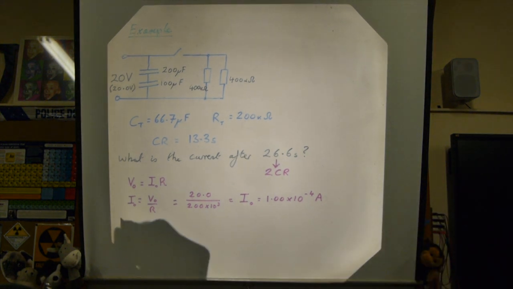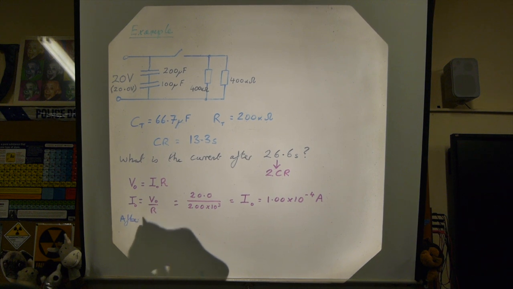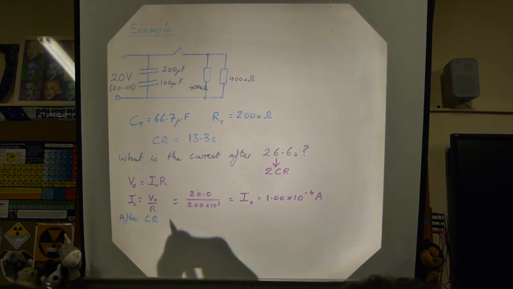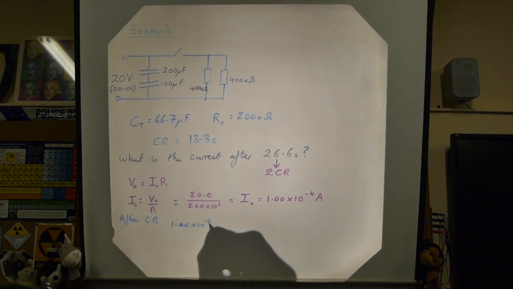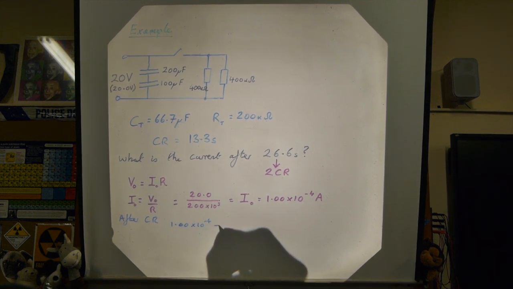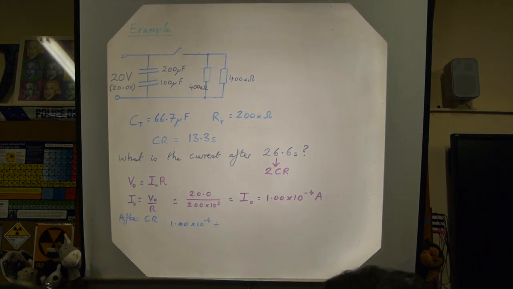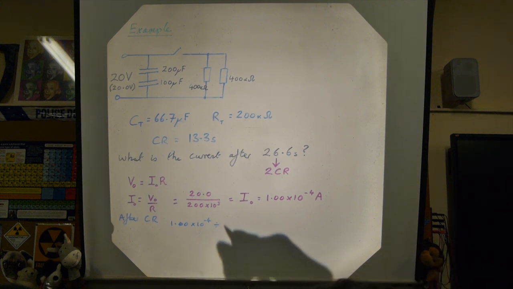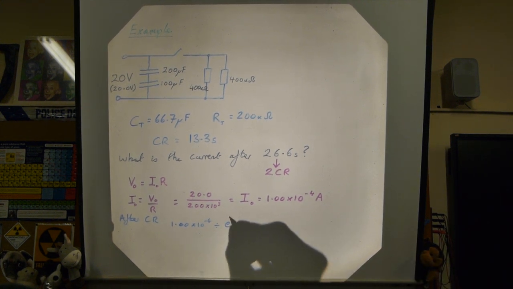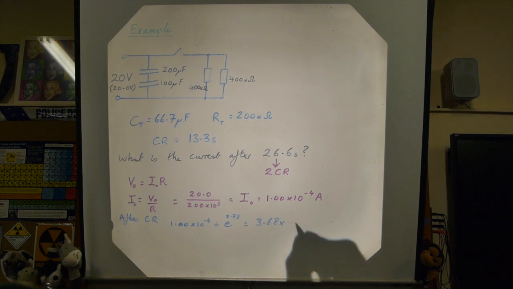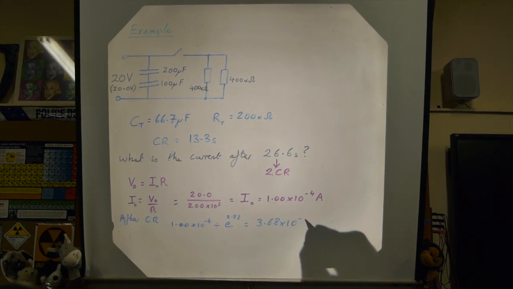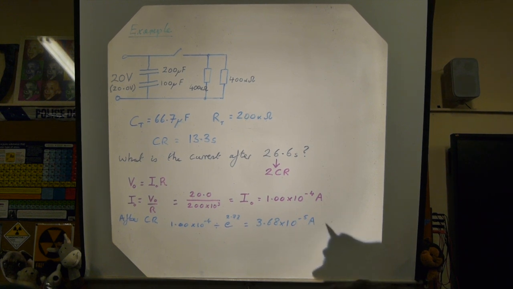So after 1 time constant, it will be 1.00 times 10 to the minus 4 amps, divided by E, and if you remember, E is 2.72, and that equals 3.68 times 10 to the minus 5 amps, so a smaller number.